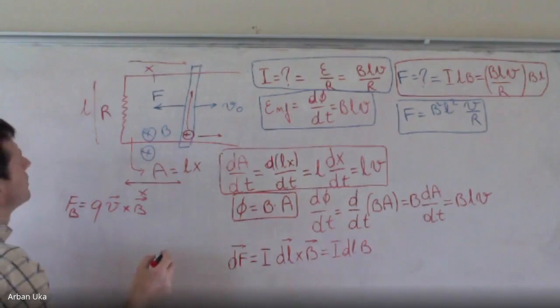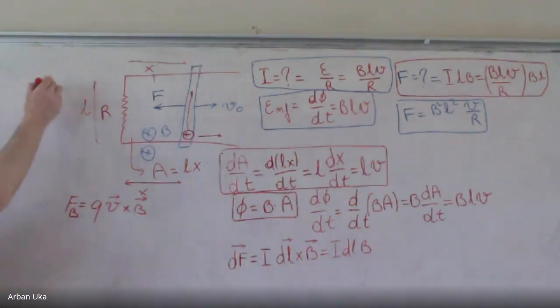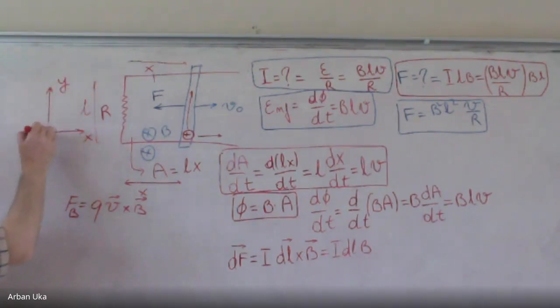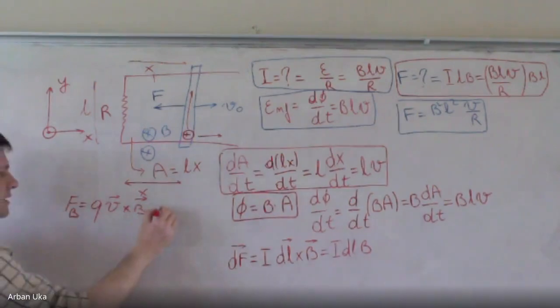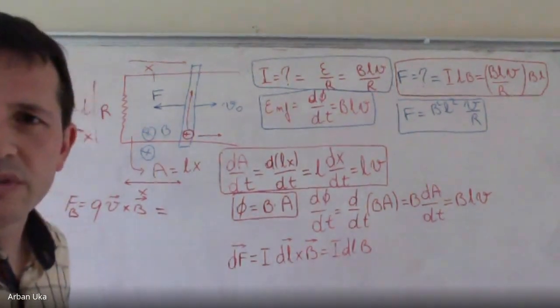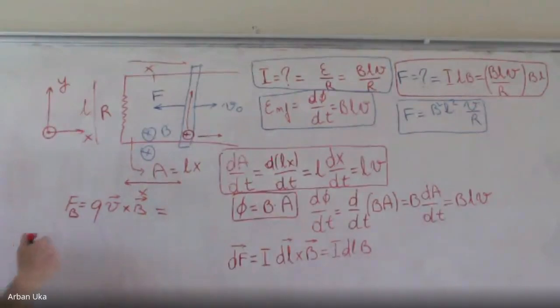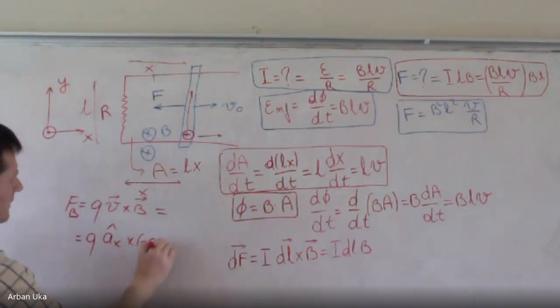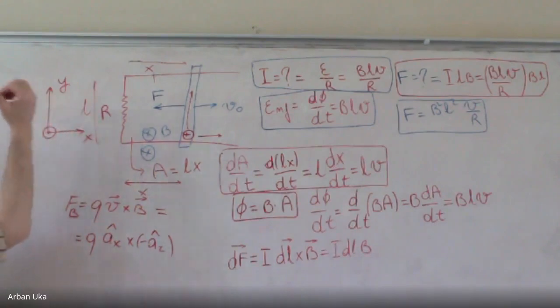Let's also draw a coordinate system. Let this be x, this be y, and z is pointing out of the board. Then this would be equal to q, the velocity is ax, let's just notice the direction, cross the magnetic field, which is minus az, because z points out of the board but B itself is minus az.